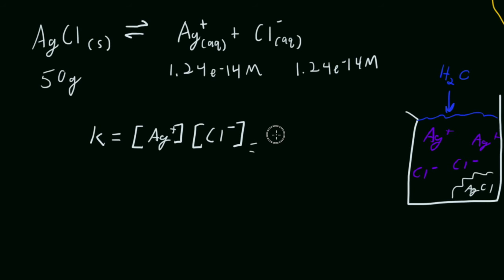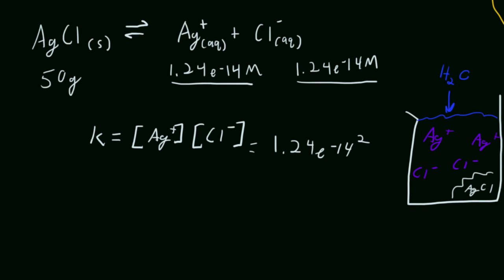So then that's just going to be 1.24 E negative 14. And since they're the same number, that's just going to be squared. Now, this is going to be the case because if I were to put some silver chloride into that solution, it's going to dissolve in a 1-to-1 ratio. And so my concentrations of my two ions are actually going to be the same number.